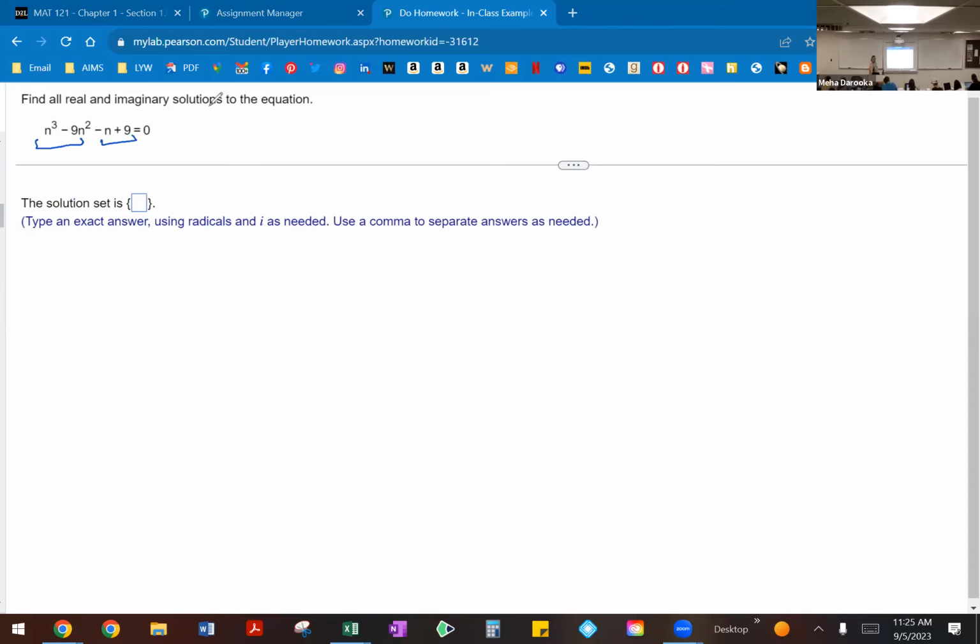So remember, when you're using factoring by grouping, you're looking at, okay, now I have my groups. What's common between my groups? So between our n to the 3rd power and minus 9 n squared, what is going to be common between those 2 terms?